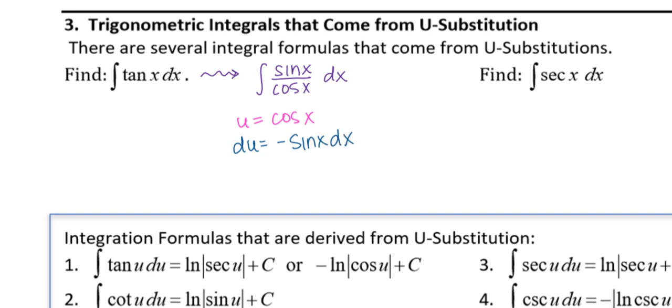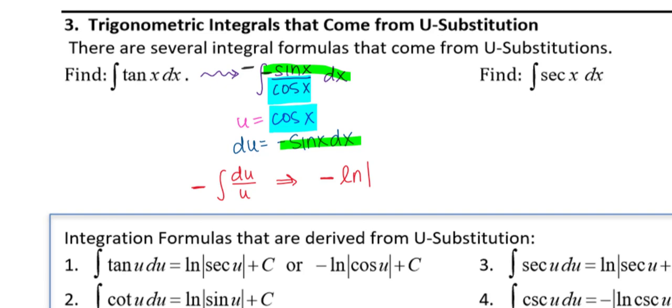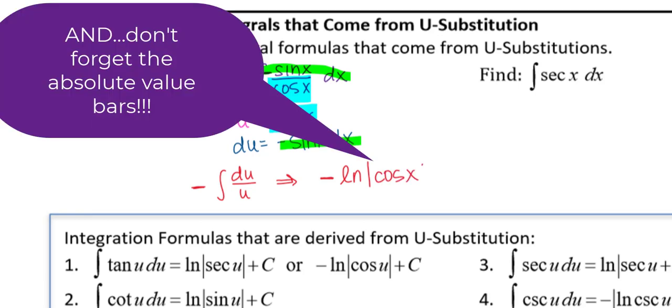And if I multiply in a negative and out a negative, then I have exactly that. I have negative sine x dx, that would be my du. I have cosine x on the bottom, which would be my u. So my antiderivative looks like opposite of du over u. So that is negative natural log of u, and my u was cosine x.